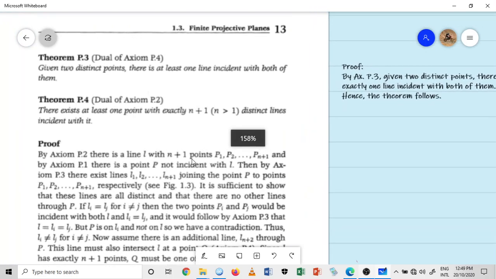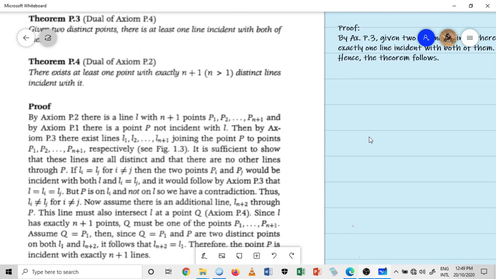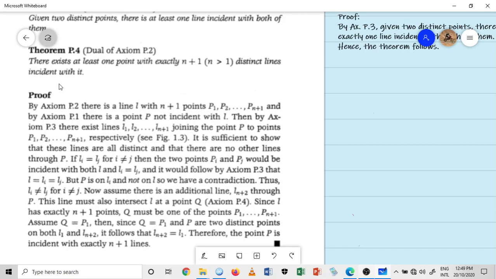Such statement says that there exists at least one point with exactly n plus 1, with n greater than 1, distinct lines incident with it. Okay?